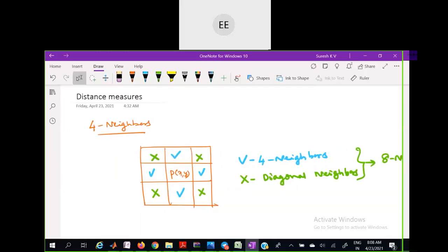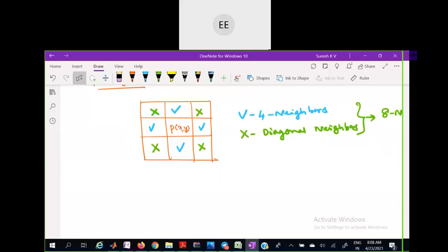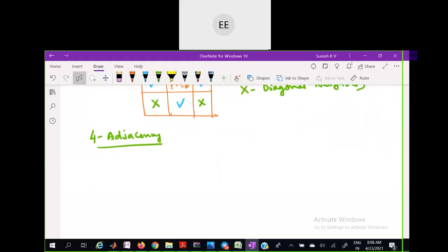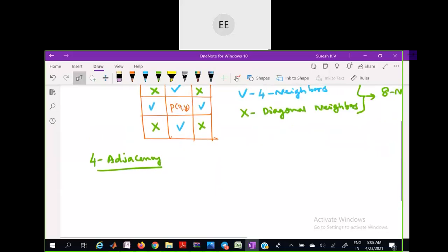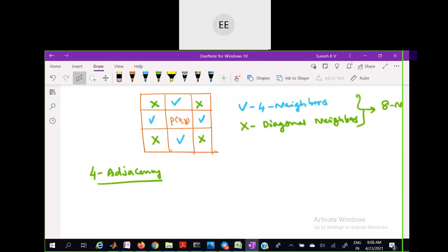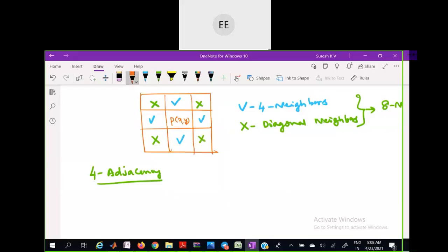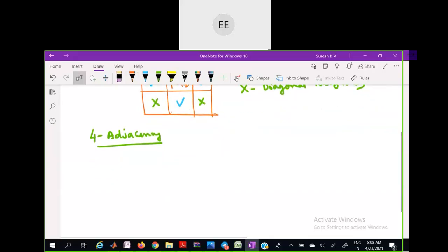Now we will talk about the adjacency. I'll take an example and explain this. Let me consider four adjacency first, and for simplicity, I'll take a binary image.